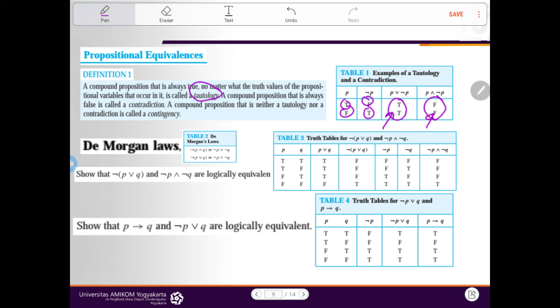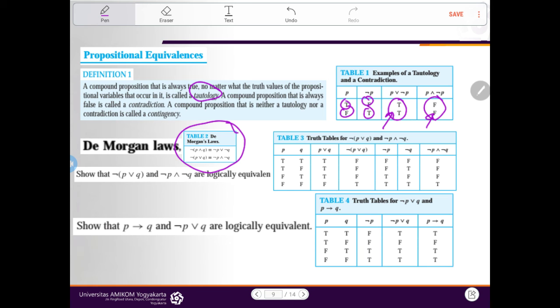We have a very famous law, De Morgan's law. This will be frequently used in the next subjects, maybe on logic or on coding at the next level of computing.